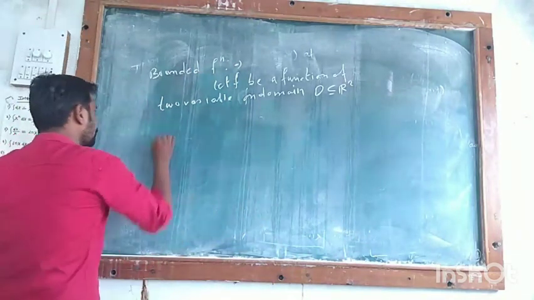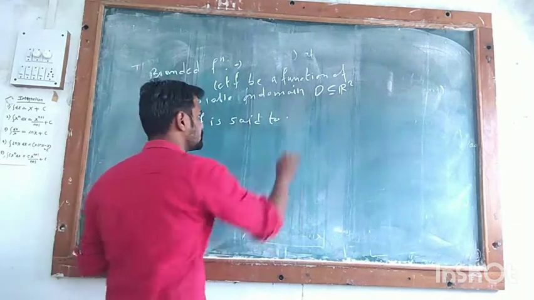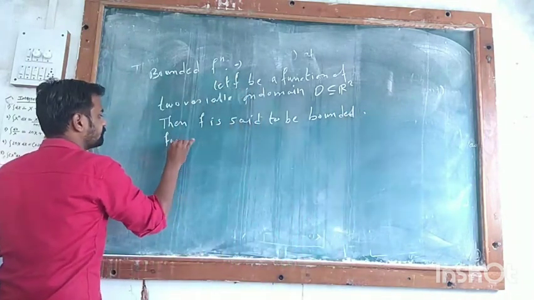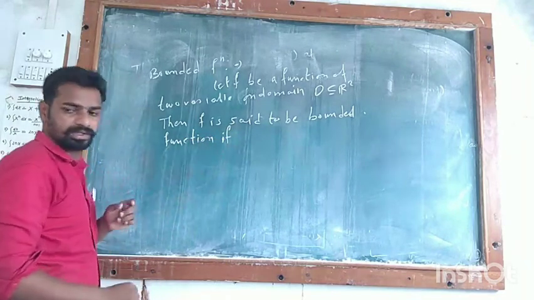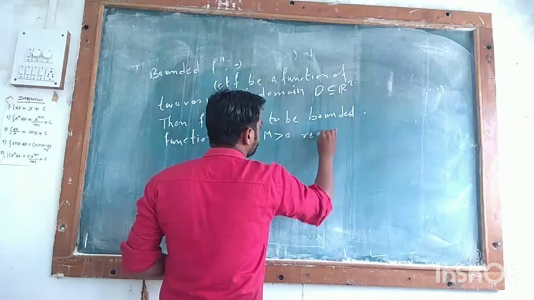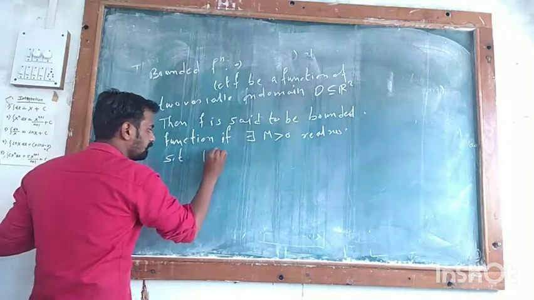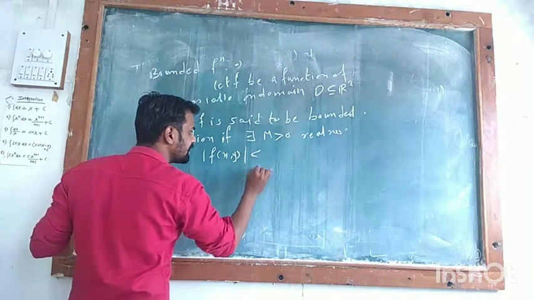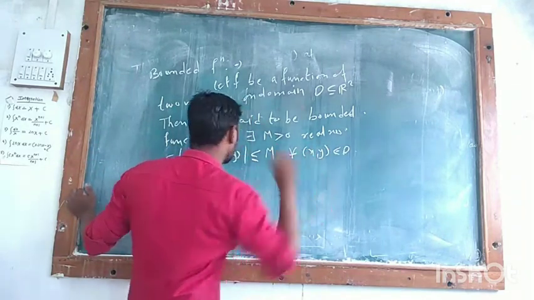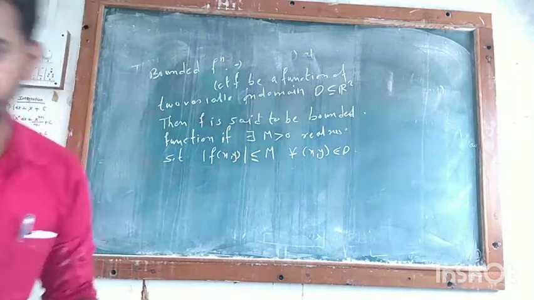Then f is said to be a bounded function if there exists a real number m greater than 0 such that mod of f of xy is less than or equal to m for all xy belonging to D. It means that all image values over D are less than or equal to m. Then it is called bounded.